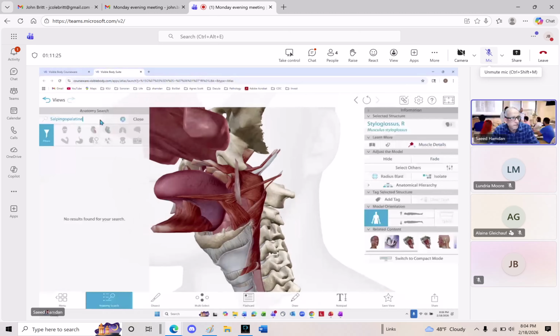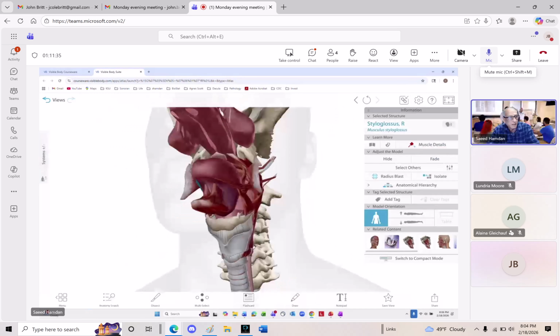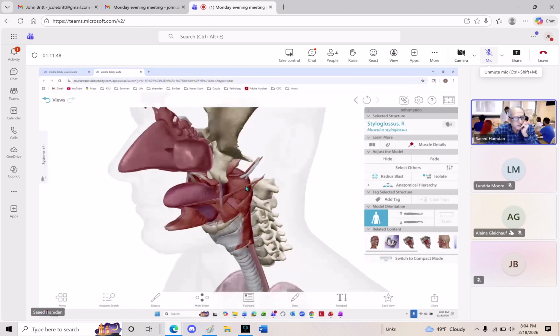You won't let me add it. I don't have the salpingopharyngeus. Okay. All right. The fold is not there. I don't have the salpingopharyngeus. Yeah, the fold is just the fold. But stylopharyngeus. Yeah, but now we have all of them. Okay, so this is a good model. I need to save this model.